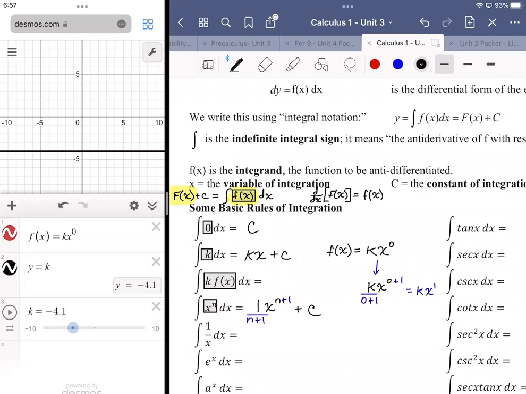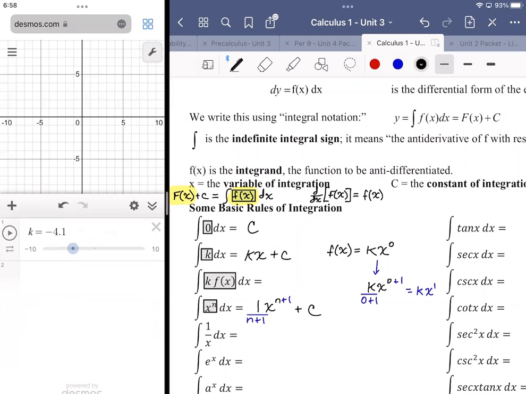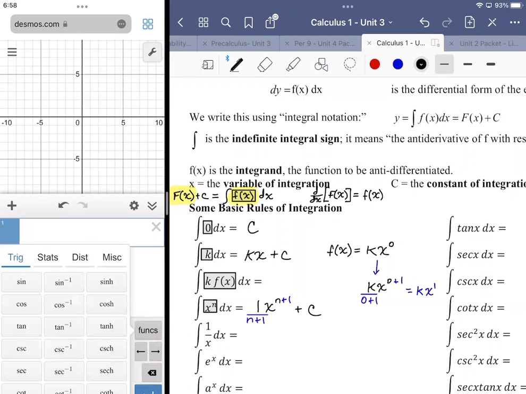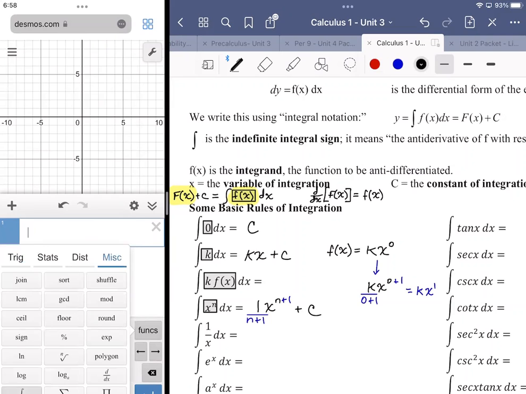Another way to do it: Desmos is great with the sliders, but if you have an actual function, not in terms of an unknown n as your exponent, like let's say it's just the antiderivative of x squared dx, you could try to put it in because there is an integral function, under miscellaneous.